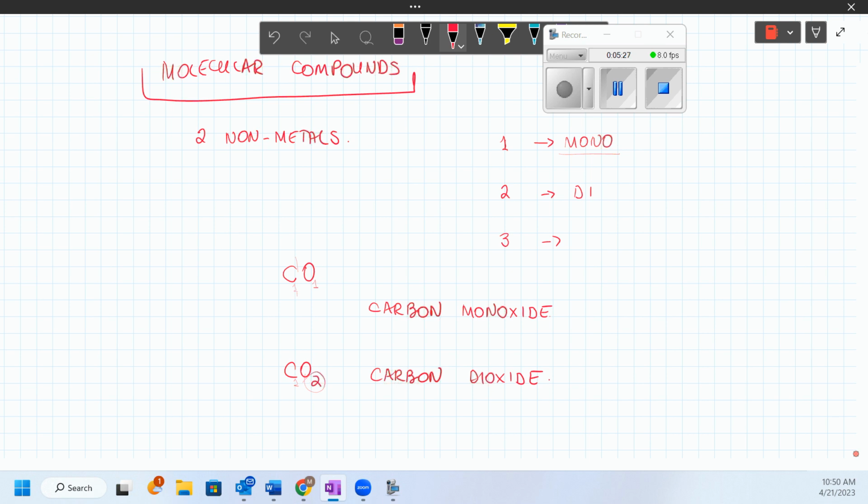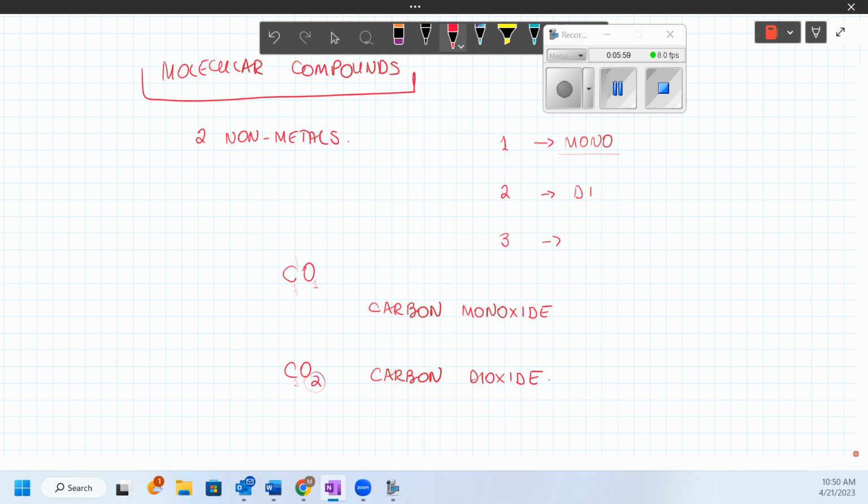So the big difference between molecular and ionic compounds is that molecular compounds are bonded together by sharing the electrons. The electrons are shared between the two elements, or three or more, in contrast with the ionic compound, where the electrons are exchanged.